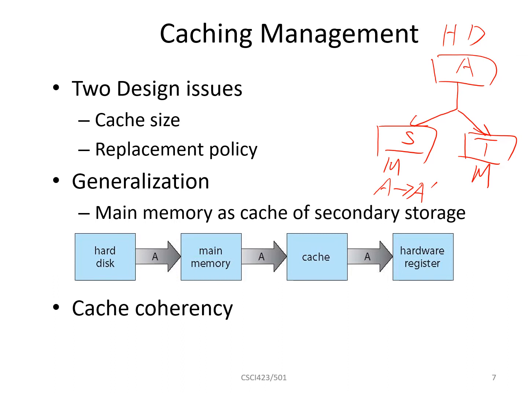Now you can imagine, if process T wants to work on A, maybe change it to another value, A equals A plus 1. Then again, the result will be put into the main memory of process T, and if this is later written back to the hard disk, then you can see the update from S will get lost.